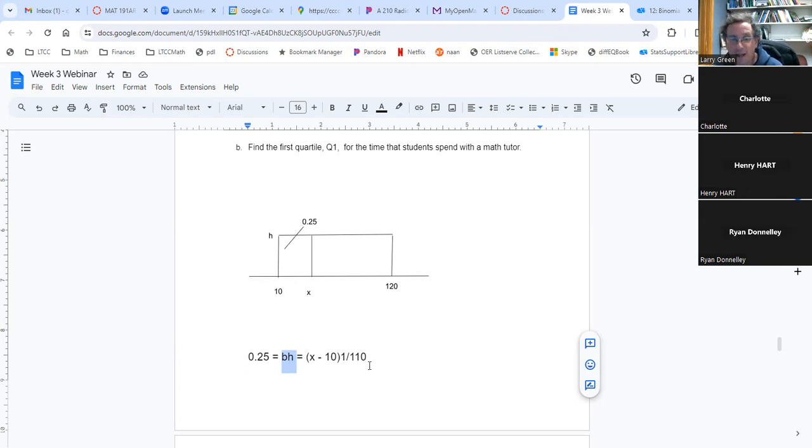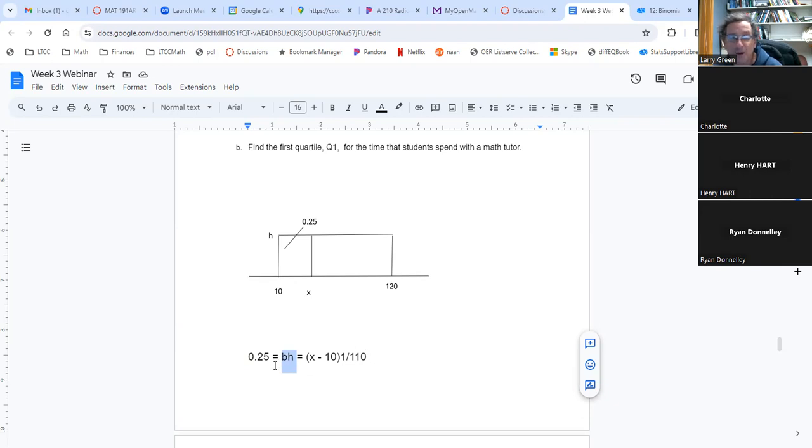So now we have to do some algebra. I like to think of it this way. You start with x, subtract 10, then you divide by 110. When you want to solve for x, you do it in reverse. So the last thing I said was divide by 110. How do you undo divide by 110? How do you get rid of the over 110?